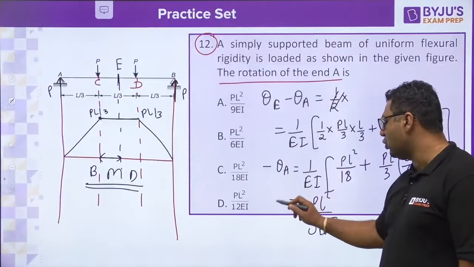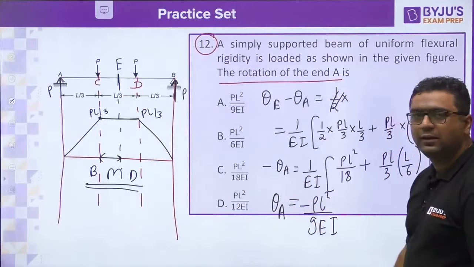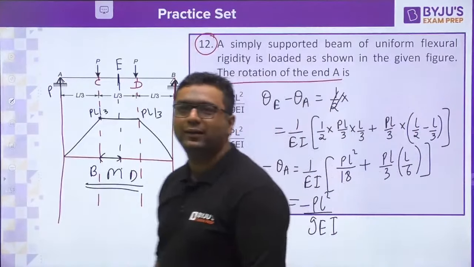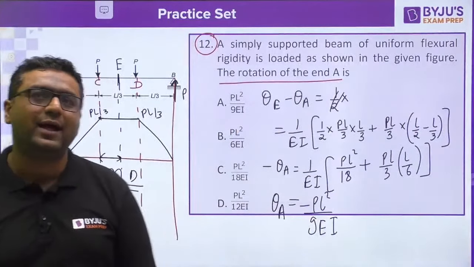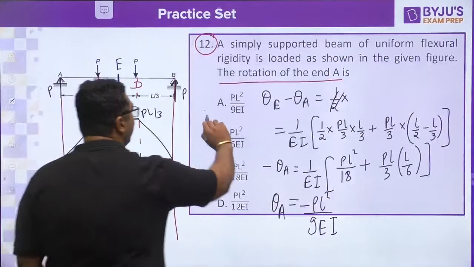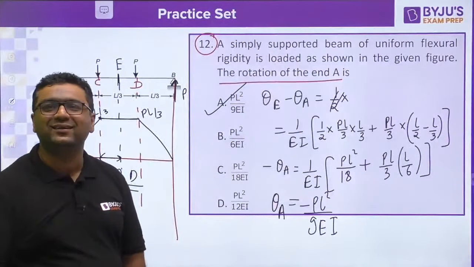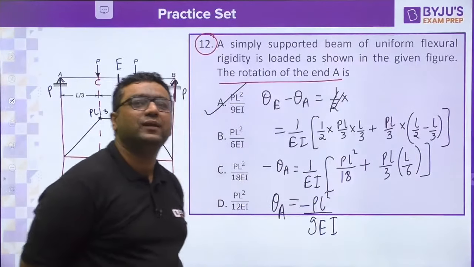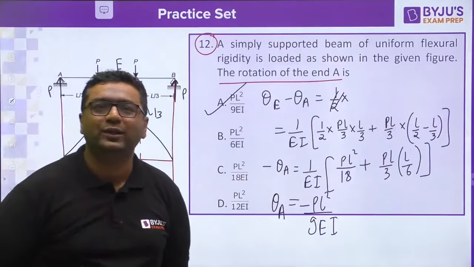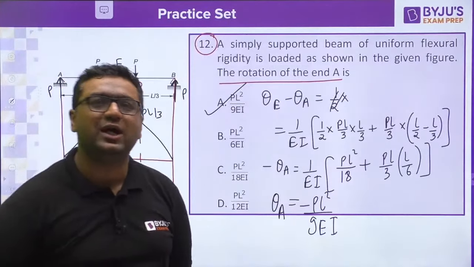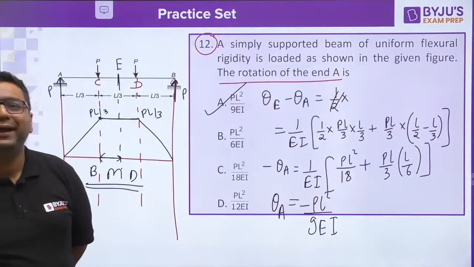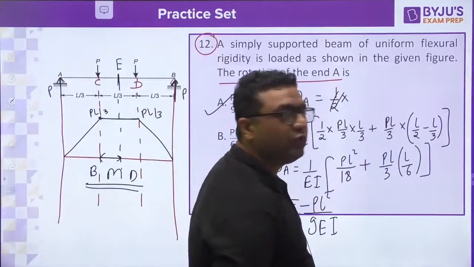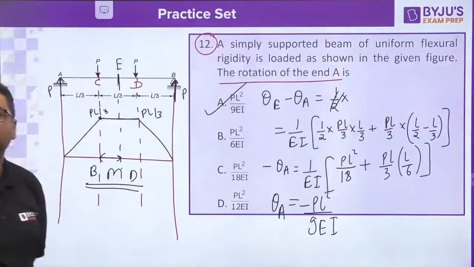Minus means clockwise. Dear, answer is going to be A. Why no option is matching? Manipal, answer is going to be A. Very good Parvinder, Arun, very good Dhye, Ramateja, very good guys. A option is correct one. Wonderful guys.